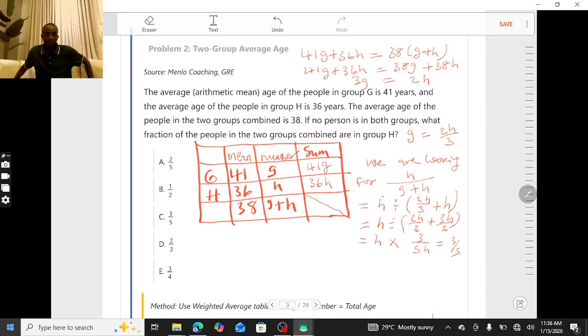41 times G is 41G, right? The number means the number of people in the group. Can we proceed? Yes.